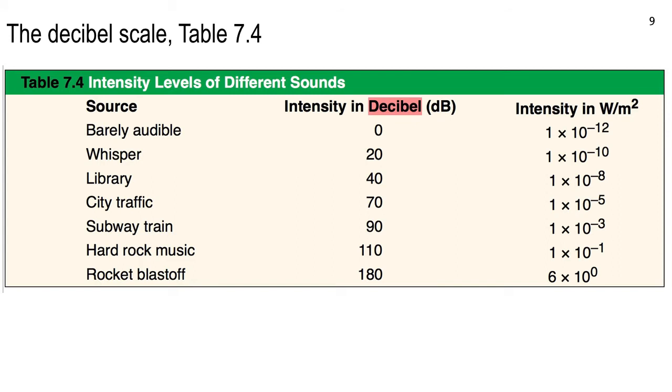The power of 10 at the threshold of human hearing is 10 to the minus 12. 1 times 10 to the minus 12 watts per square meter is the commonly accepted threshold of human hearing.